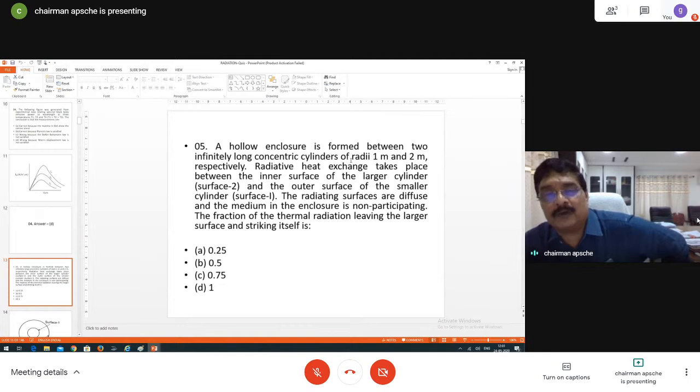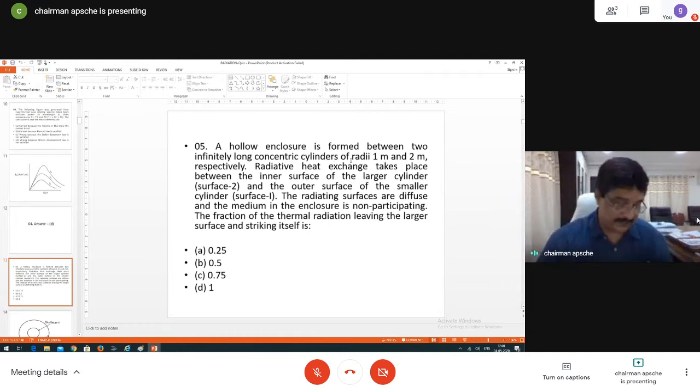R1 is equal to 1 meter, R2 is equal to 2 meters. The radiating surfaces are diffuse and the medium in the enclosure is non-participating. The fraction of thermal radiation leaving the larger surface and striking itself is... what is he asking, tell me.